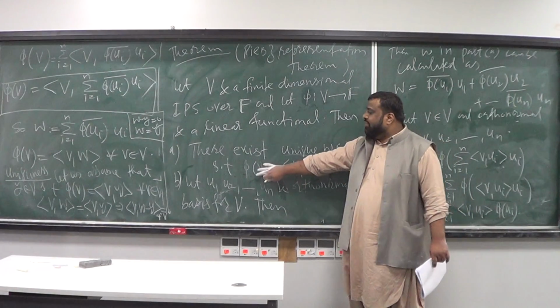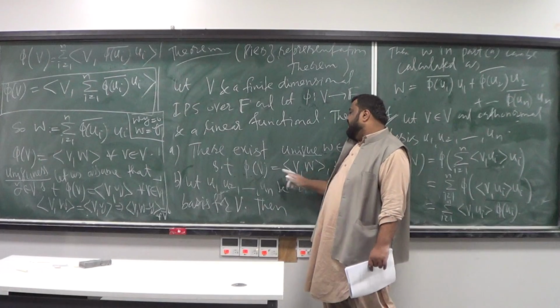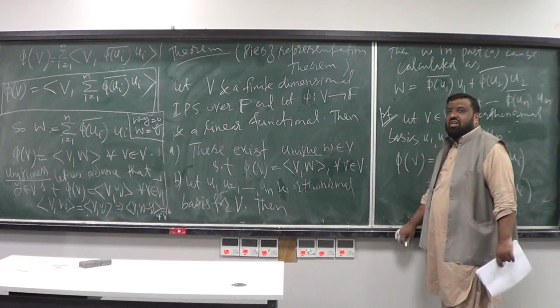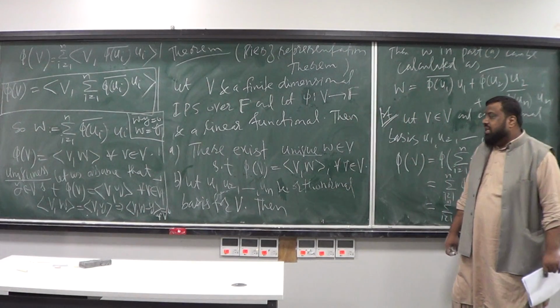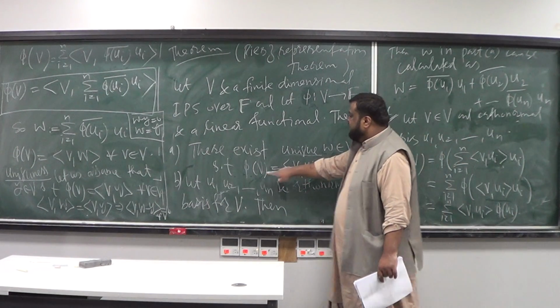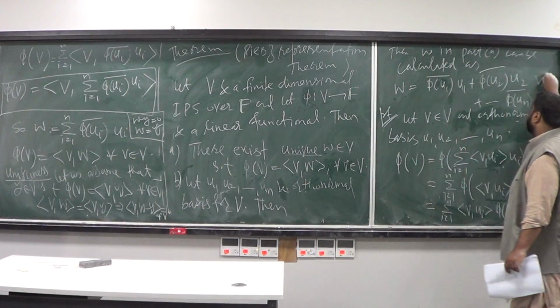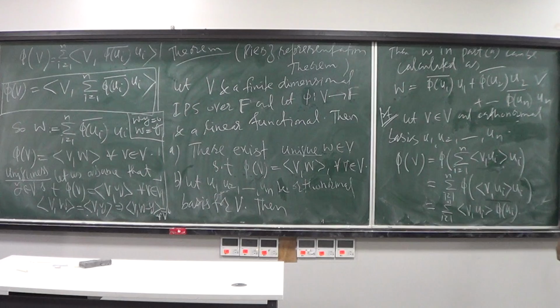So no matter what the definition of phi of V is, you can always turn it into the form of inner product. And this mysterious W that you need to write the functional in terms of inner product is basically this W. So you can calculate it easily.